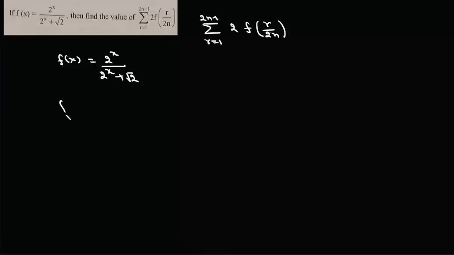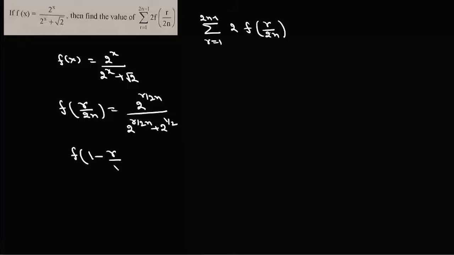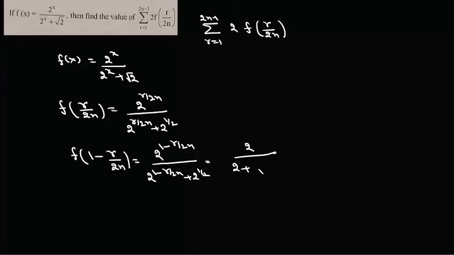Now what we'll do is, we'll write f(r by 2n), and there will be 2 to the power r by 2n upon 2 to the power r by 2n plus 2 to the power 1 by 2, and we'll also write f(1 minus r by 2n), and there will be 2 to the power 1 minus r by 2n upon 2 to the power 1 minus r by 2n plus 2 to the power 1 by 2, which we can write as 2 upon 2 plus 2 to the power 1 by 2 into 2 to the power r by 2n.